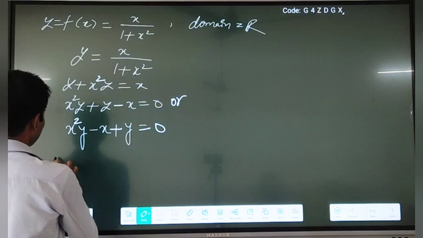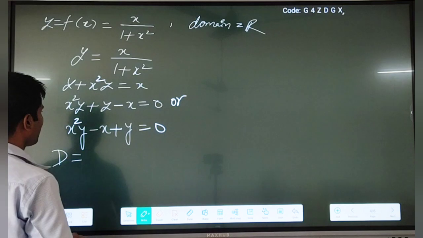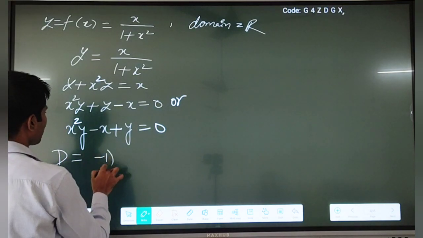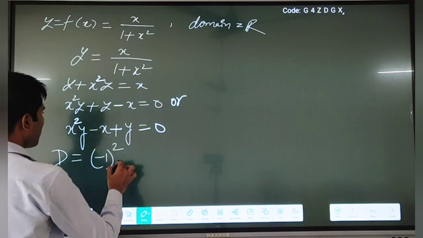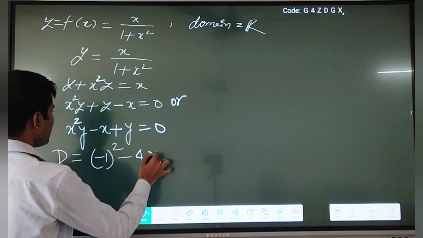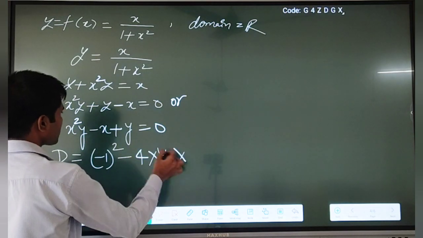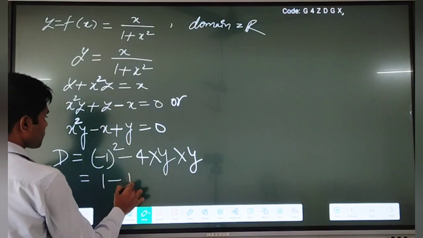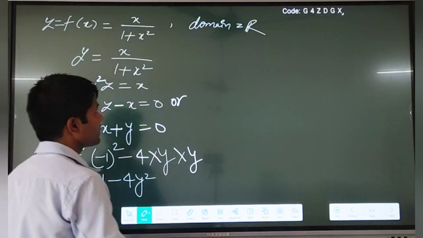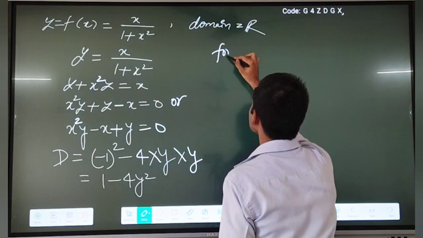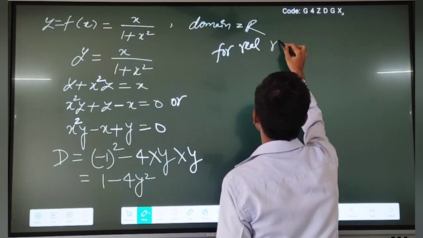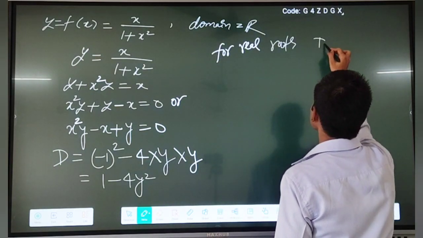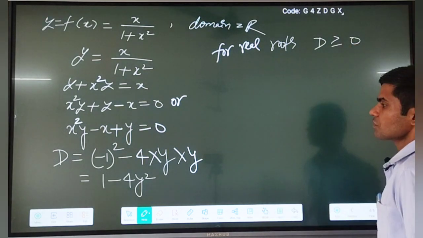So find the discriminant. D is equal to b square minus 4ac. b means minus 1, so minus 1 square minus 4ac. a means y and c means y. So the discriminant is 1 minus 4y square. Okay student, for real roots, the discriminant should be greater than or equal to 0.